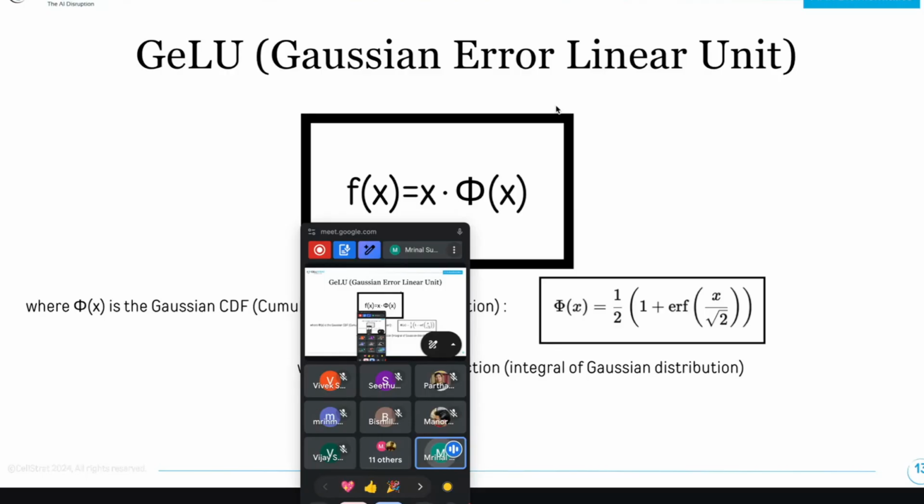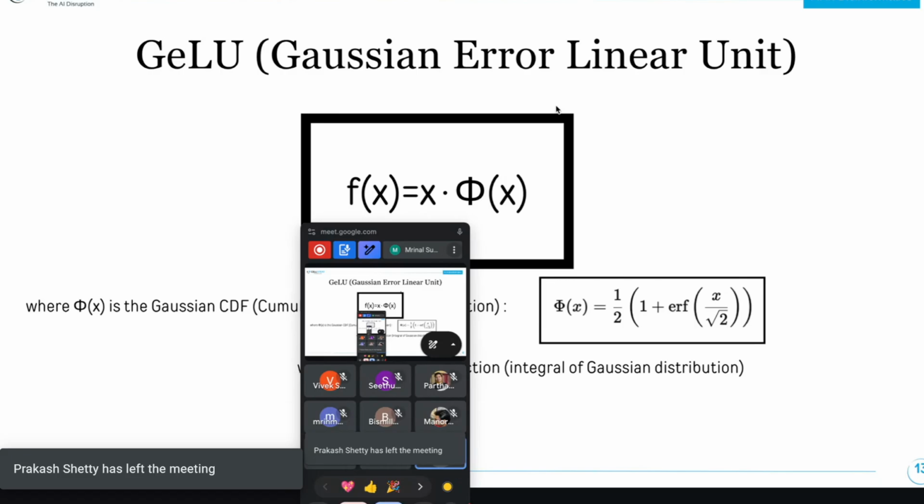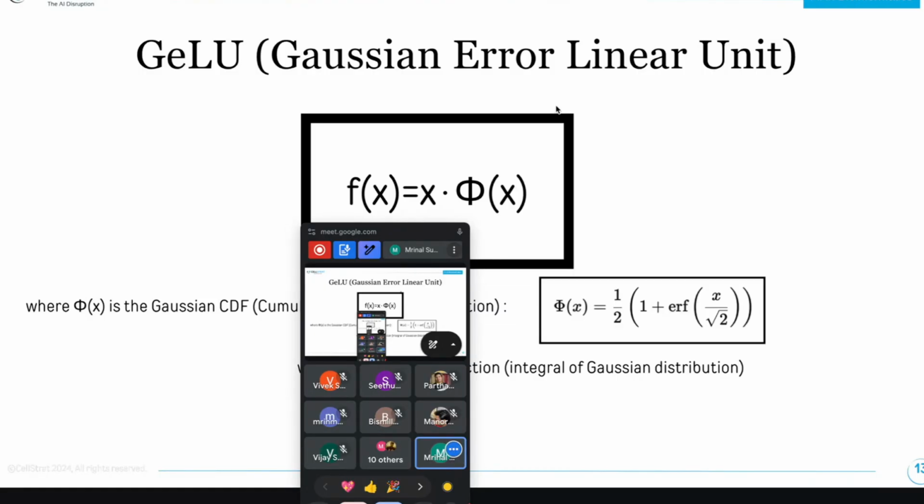At infinity, since this is a continuous function, I'm taking infinity. e power infinity is how much actually? Partha, do you have any idea? Hello, Partha, are you there? Okay, anyways, we will look into this later.